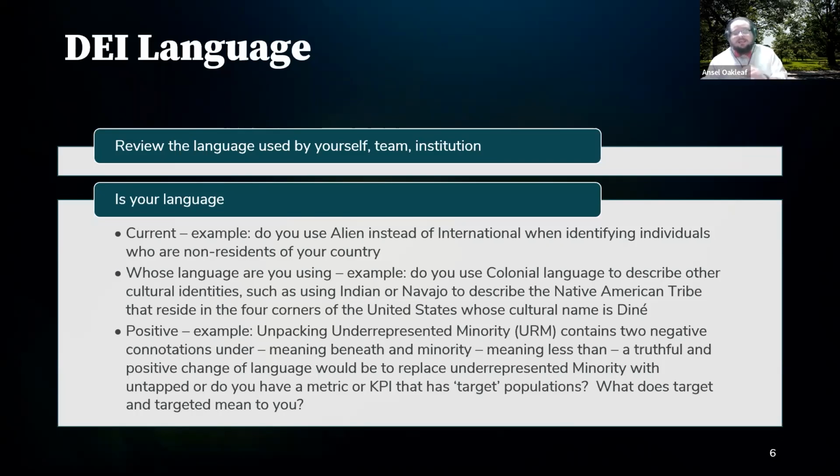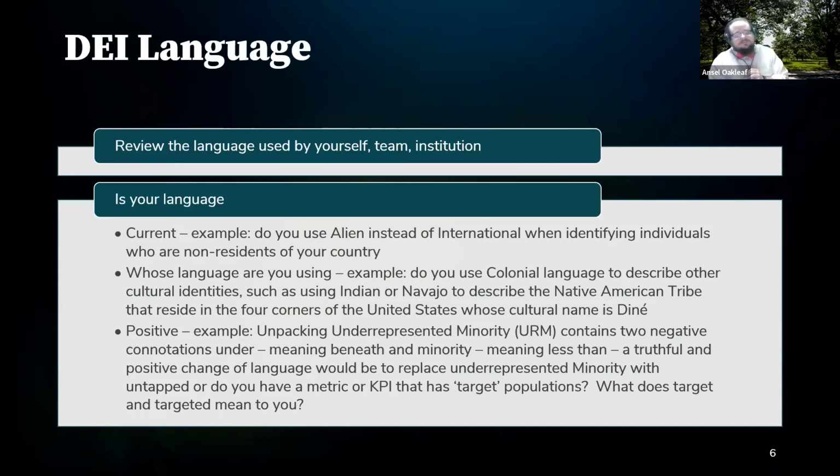A big one that I see, especially here in the Midwest, is using language such as the Indians or Navajo to describe the Native American tribe that resides in the four corners of the United States. And they themselves have always called themselves the Dene. However, we have chosen to refer to them as Indians or the Navajo.